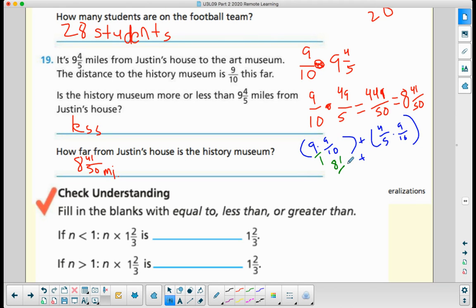So if I make 9 into a fraction, 9 multiplied by 9 is 81 tenths. And 4/5 multiplied by 9/10. 4 and 10 have the factor 2 in common. There's 2 2s in 4, 5 2s in 10. 2 multiplied by 9 is 18. 5 multiplied by 5 is 25. Common multiple of 10 and 25 is 50.